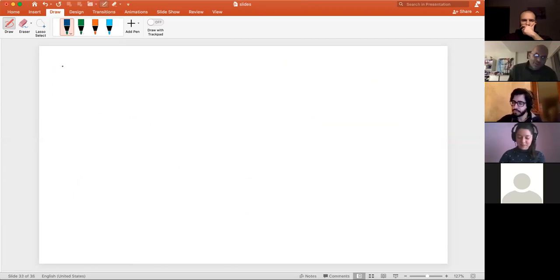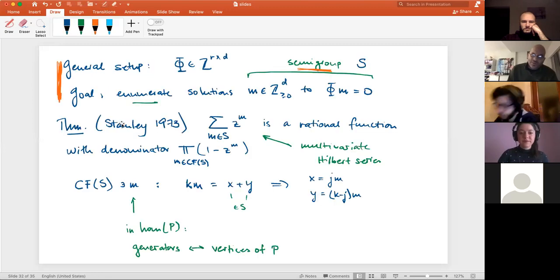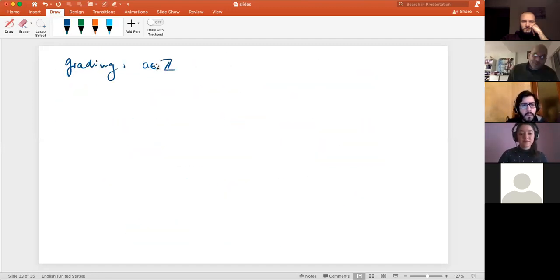So we're now going to fix a grading. I should tell you what this is. In this setting, you can think of a grading just as an integer vector. My semigroup lives in Z to the d, so this is an integer vector. It's really in the dual space, but who's counting.